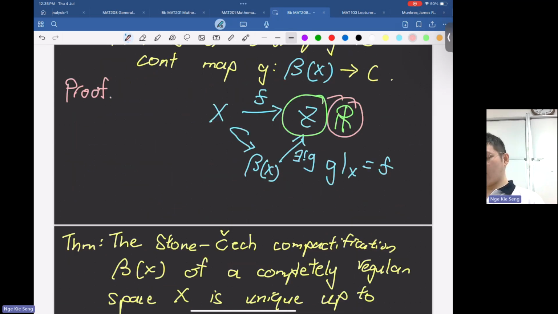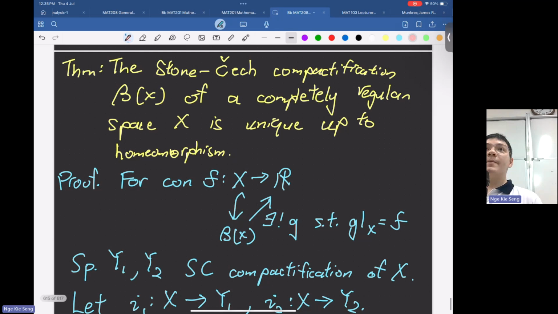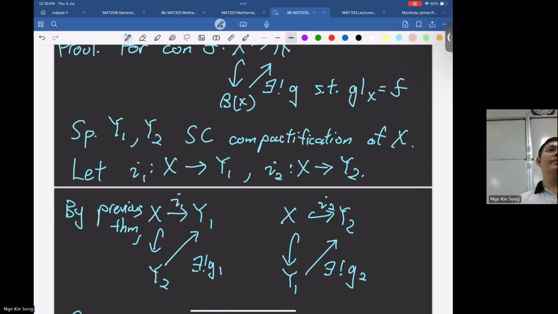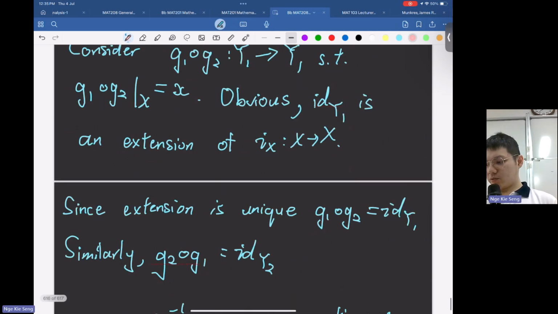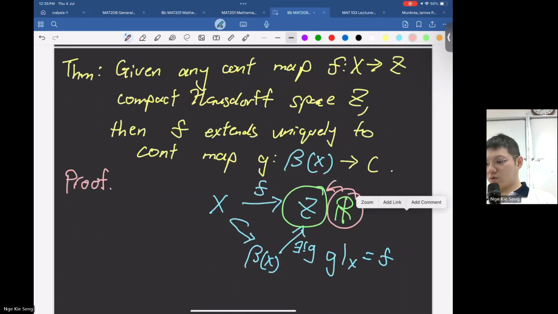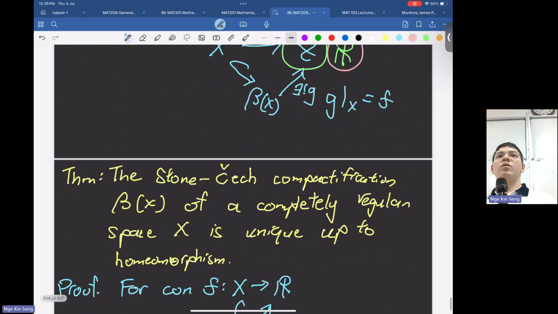So why can we change the R to an arbitrary compact Hausdorff space? Say again. You mean that one is from the embedding? Otherwise, where is the uniqueness? We only proved existence.